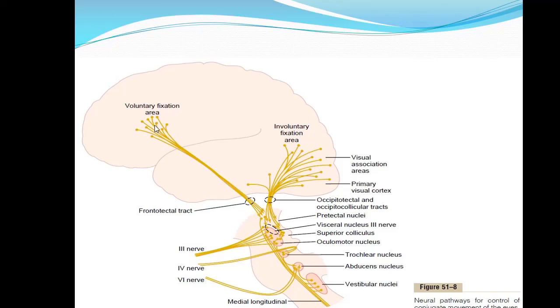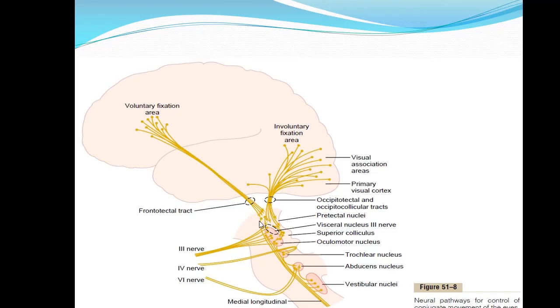From the frontal cortex, we have the frontotectal tract terminating in the pretectum, and from the occipital cortex, which forms the involuntary fixation area, we have the occipitotectal tract ending in the pretectum and the occipitocollicular tract ending in the superior colliculi.